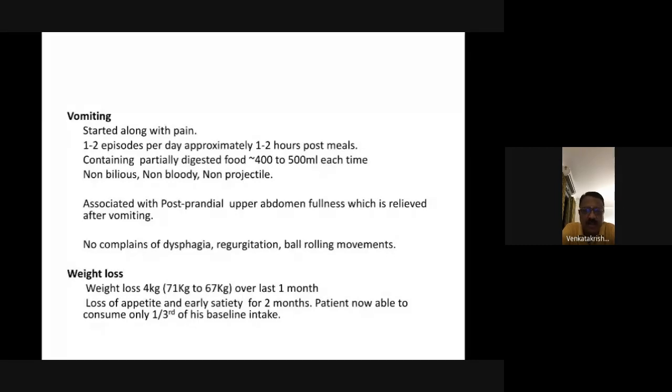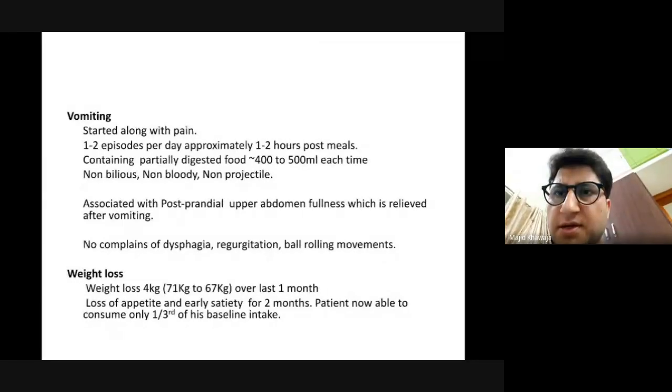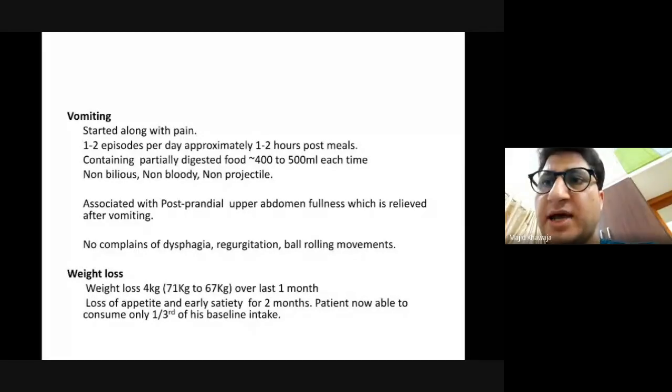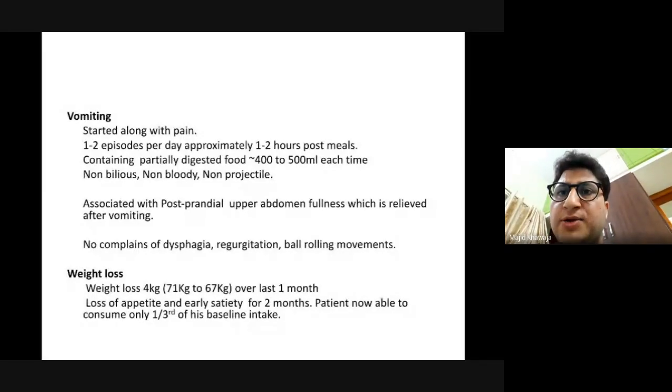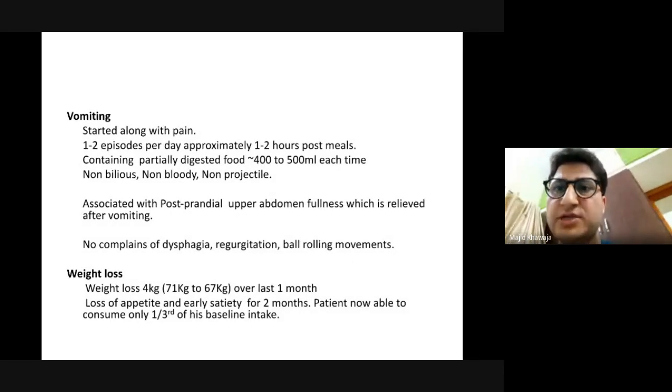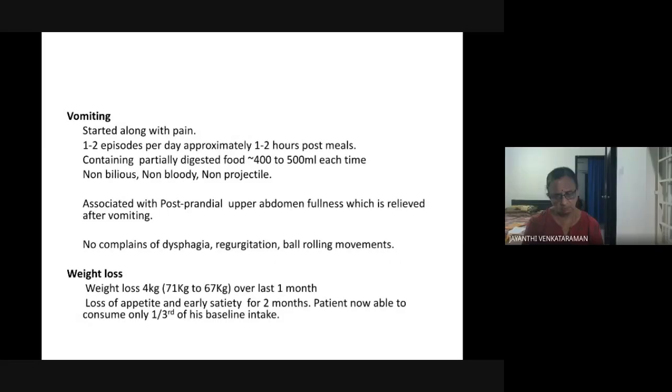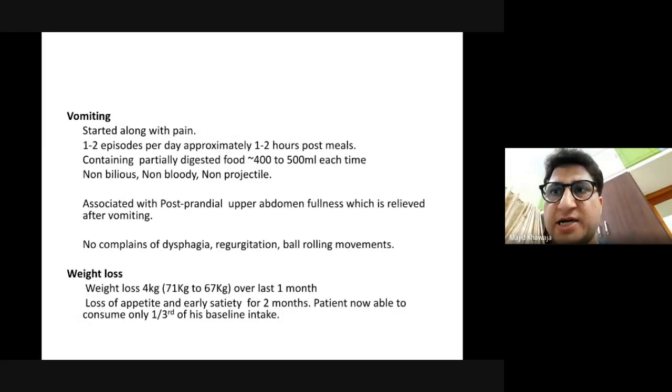Who is the discussant? Can you now discuss? Yes, sir. So there is early satiety and anorexia. So pathology looks likely in the stomach, as there is a partial relief of symptoms after vomiting, and food is partially digested, which is non-bilious.